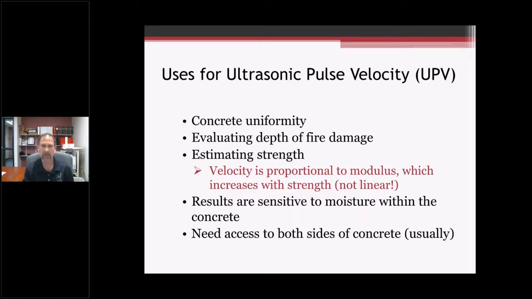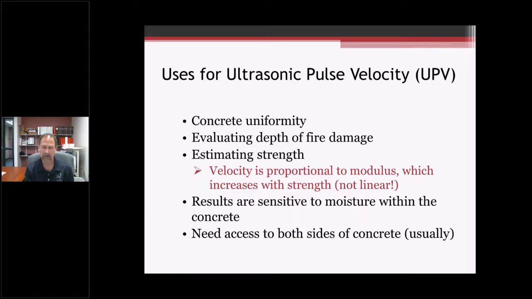The increase in velocity is not a linear increase with your strength. The results can be sensitive to moisture within the concrete. So younger concrete that may not be fully cured, you're going to get a different value.